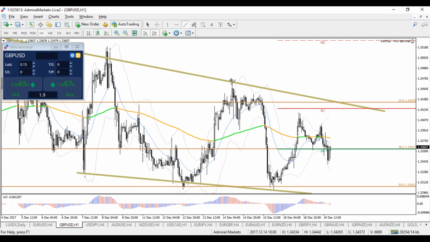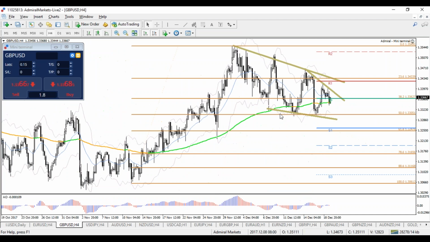I wouldn't be surprised though that price will eventually break through these resistance zones for this breakout, and that this could be the end of that flag, and that this is now the start of the break of the flag.